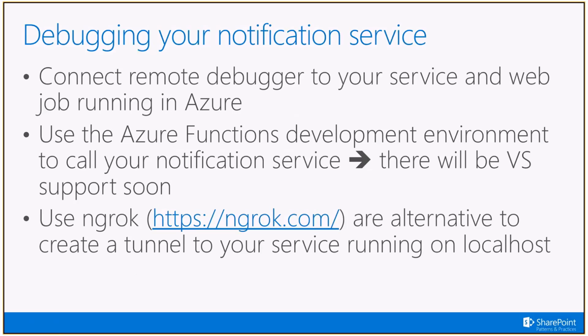And this way, SharePoint calls ngrok, which then tunnels the request to your localhost service endpoint where it will hit the breakpoint, for example. So 3 options to debug and develop your service. So you should be good for doing that.